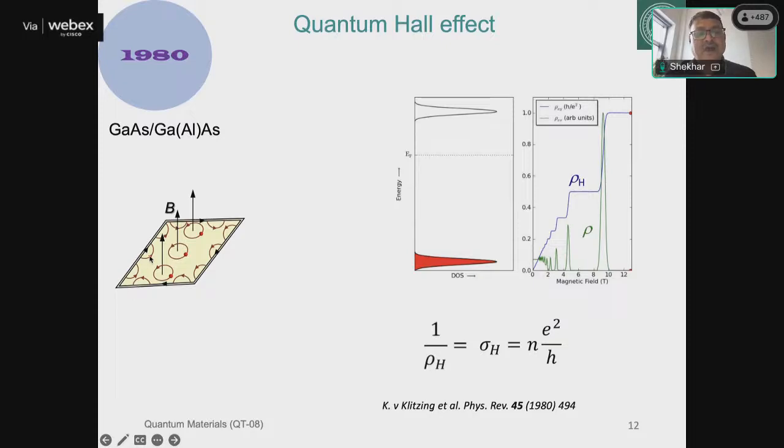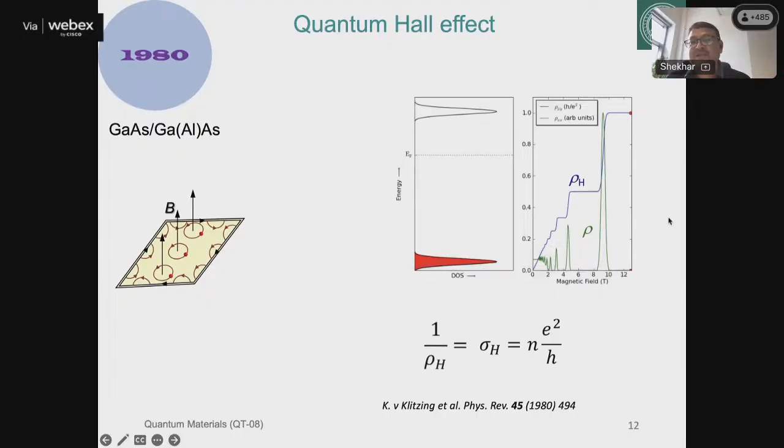We call it a skipping orbit, traveling at the edge. That means the edge is conducting, by motion of the charge carrier due to skipping of the orbit. But the inside of the material is insulating.